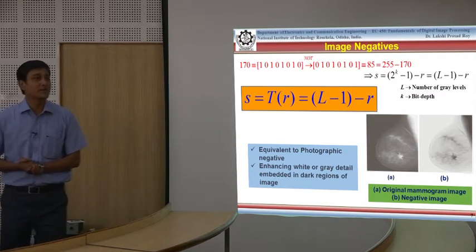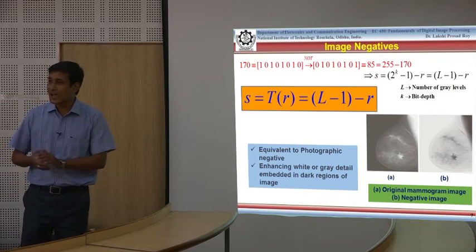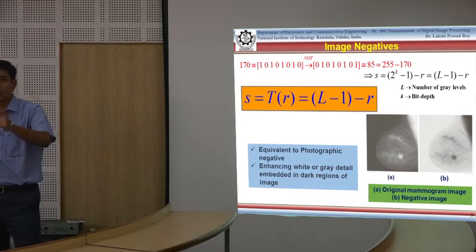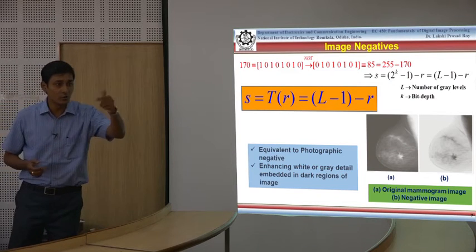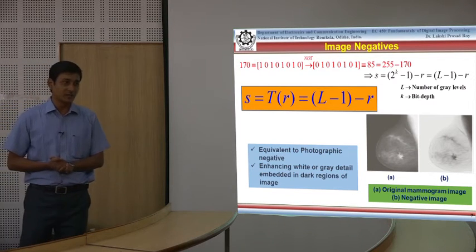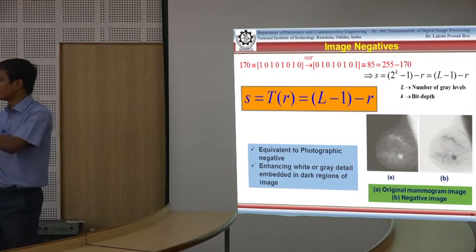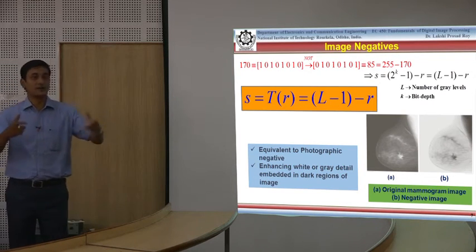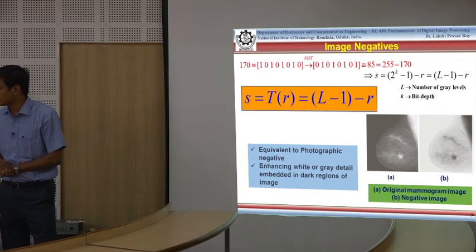So, if I am talking about image negative, that means I am trying to invert the image. That means those which were bright will now appear dark, is it not, the negative of the image which we earlier used with analog cameras. First the negative will come, then we will develop it to get the positive image. Okay.